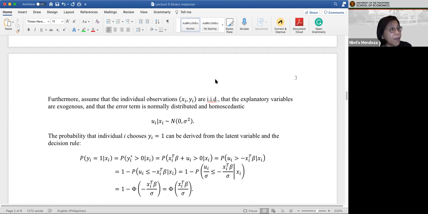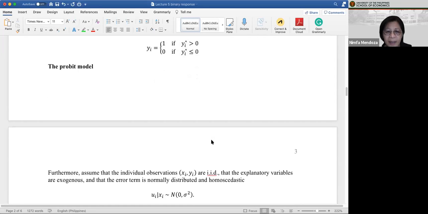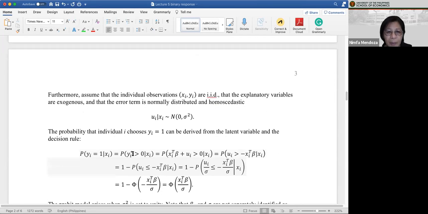So we have the probability that y sub i is equal to 1 given x sub i. Looking at this, the probability that y sub i is equal to 1 is the same as the probability that y sub i star is greater than 0 given x sub i.